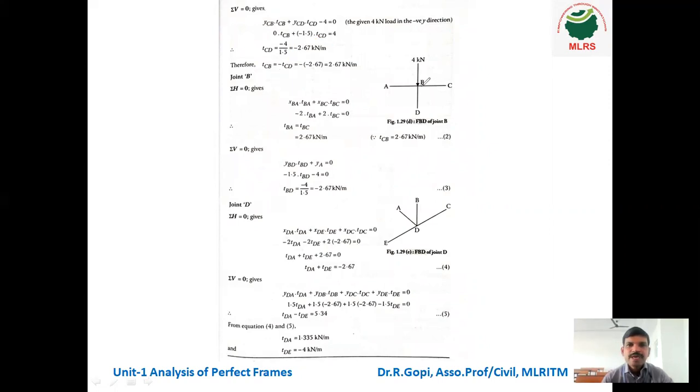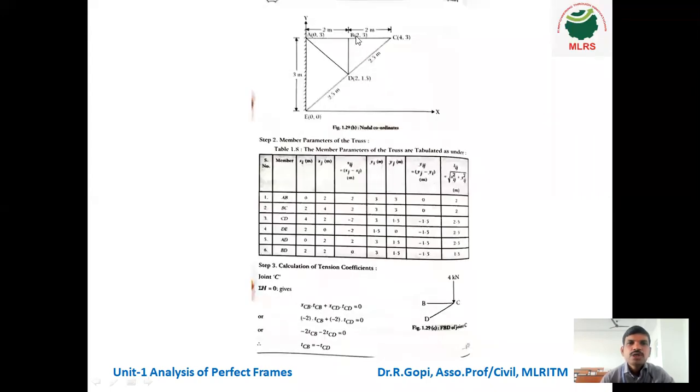Next come to joint B. So in joint B, you can see here this side is plus and this side is minus in x-axis. So now consider XBA TBA plus XBC TBC. What is XBA value? See the coordinate, XBA is 2 minus 0, only the x coordinate, 2 minus 0.